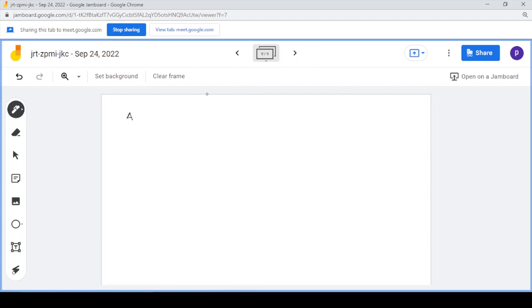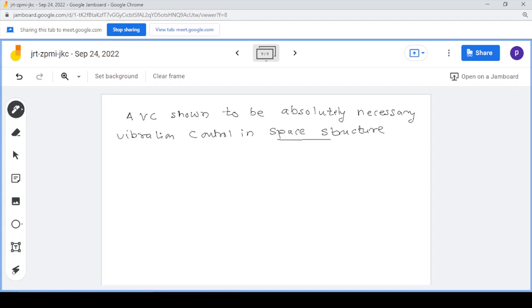It is necessary that active vibration control is shown to be absolutely necessary for vibration control in space structures, where passive vibration control causes a very high weight penalty.